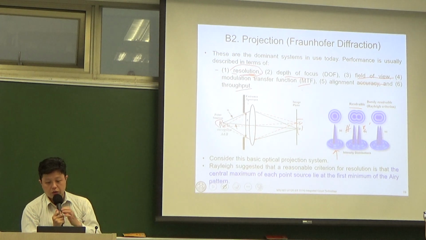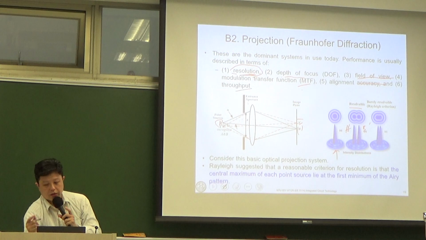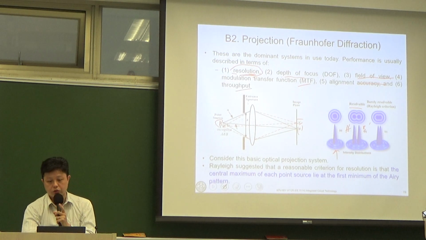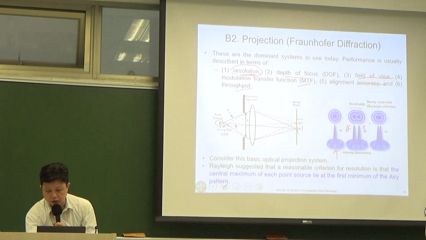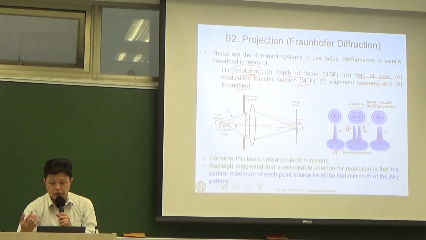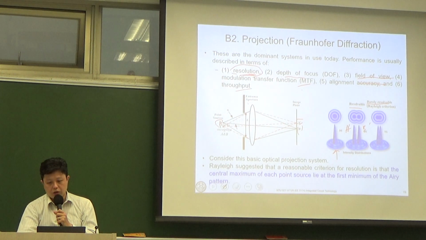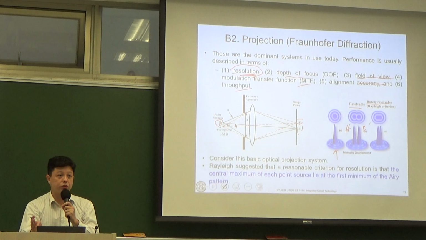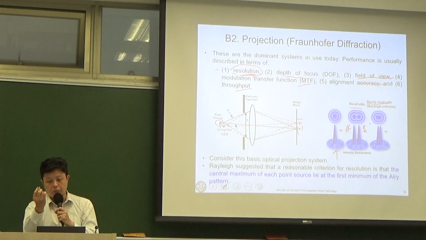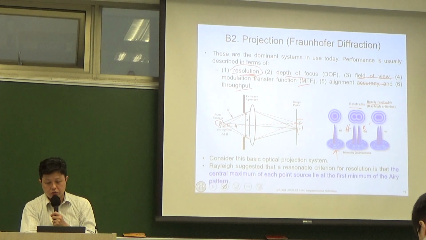But if you get these two points closer and closer, in this case we say it's barely resolvable, which means if you get closer, we cannot distinguish these two points. They merge like one point, so it's very difficult for us to separate these two.